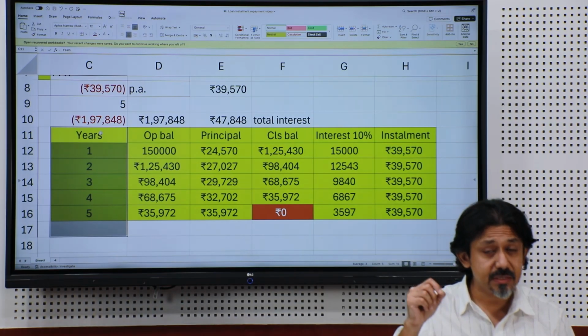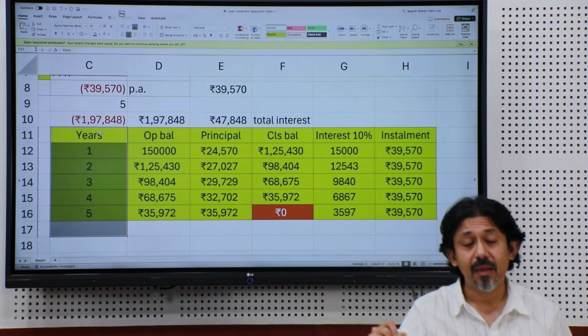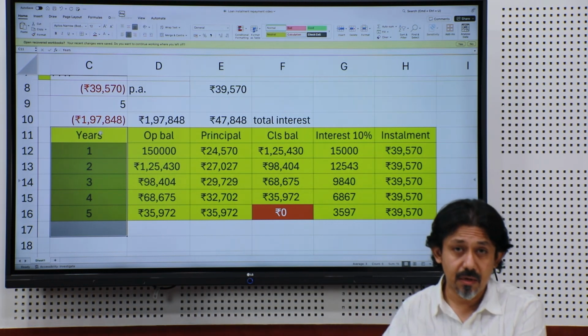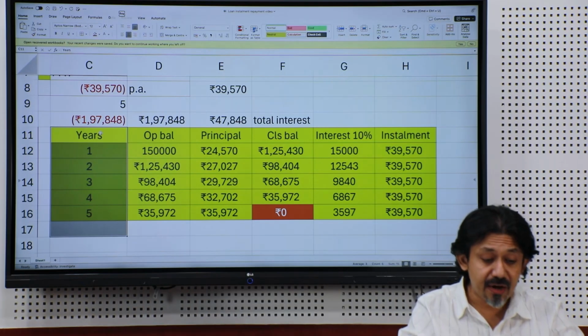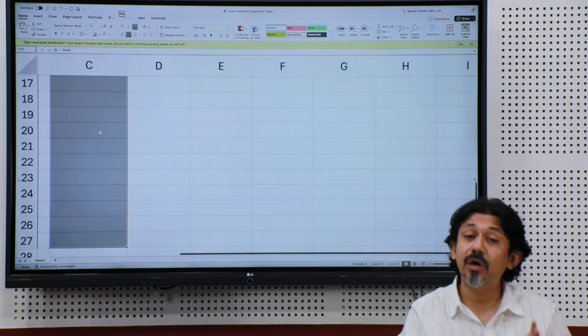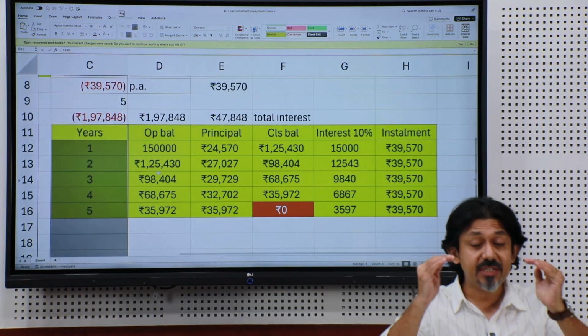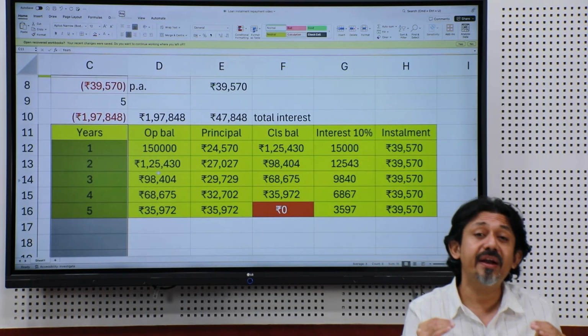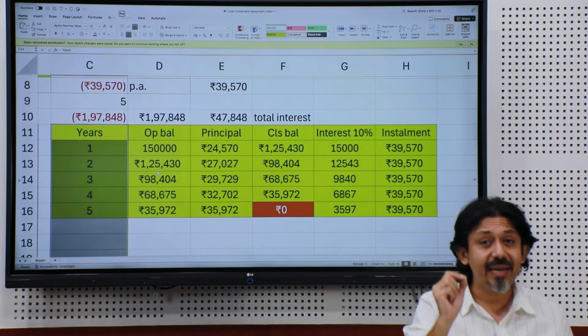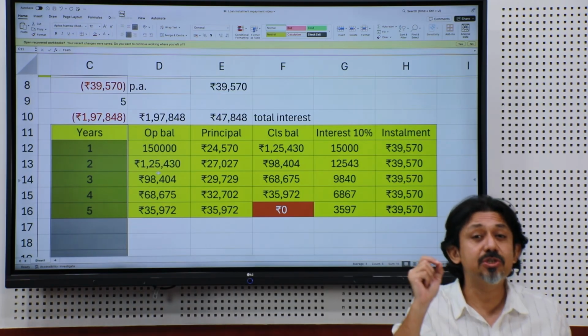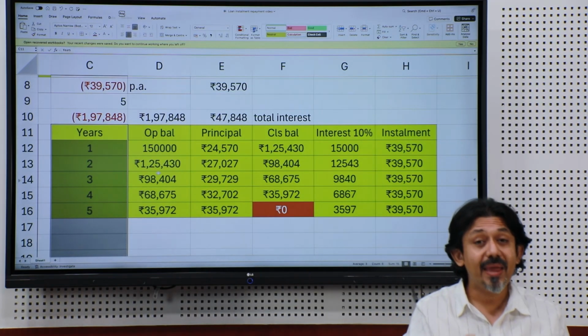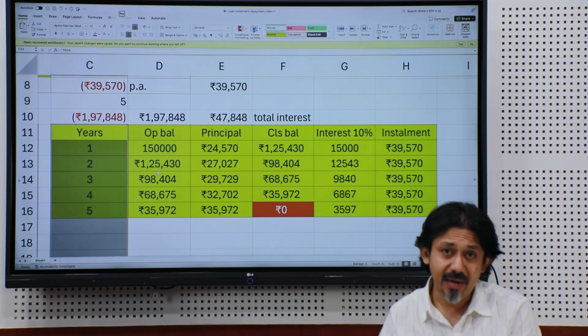So, 20 years multiplied by 12 months in a year, so you will have 240 months. So, if you were to at any point of time take a housing loan, this table will go down to 240 lines, each line representing each month, and you are paying an equated monthly installment, an EMI.